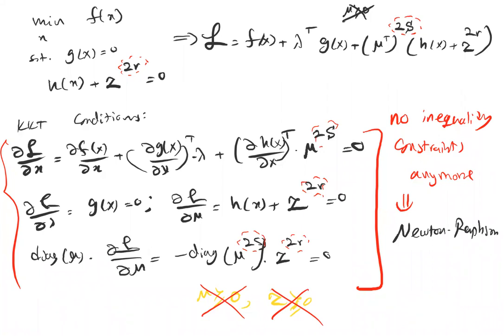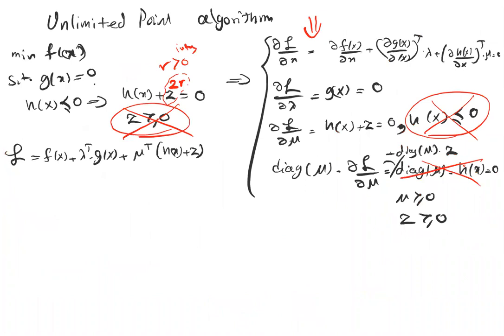Let's go back to the previous slide. We started with the original function. Instead of adding a barrier term to the objective function, we added z, which is positive here, and we made sure that z is to power 2r to get rid of the constraint that z should be greater than or equal to 0. Then we wanted to get rid of h of x less than or equal to 0.